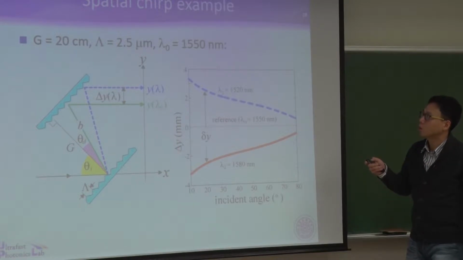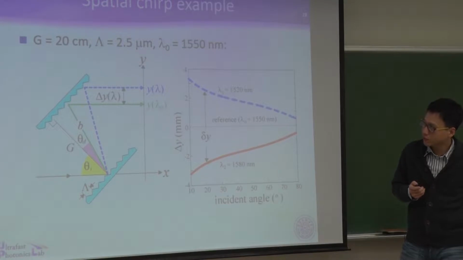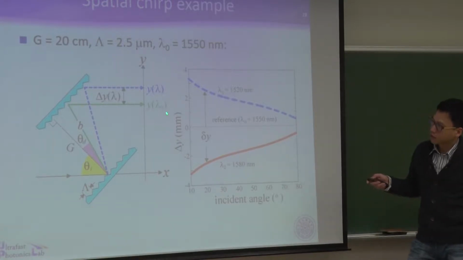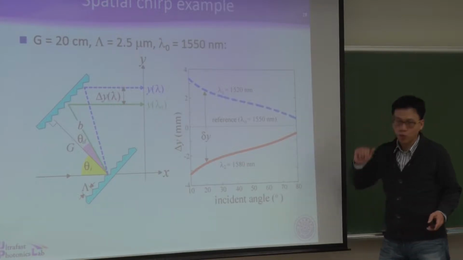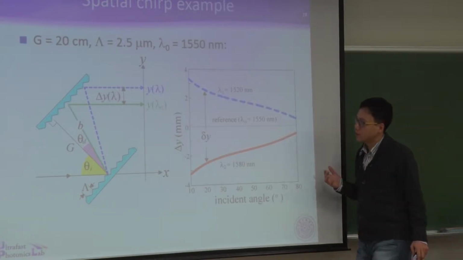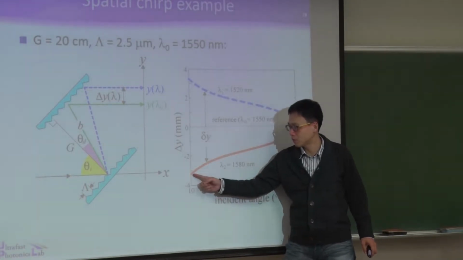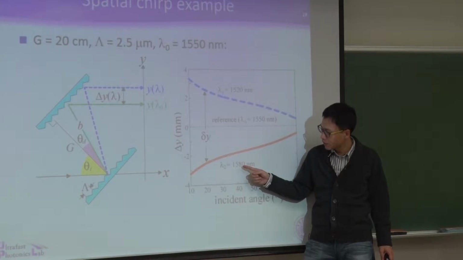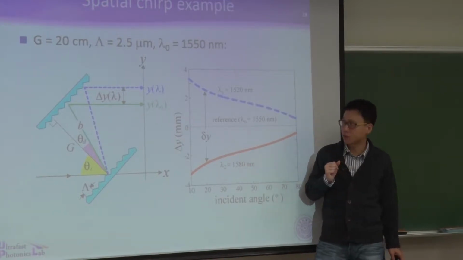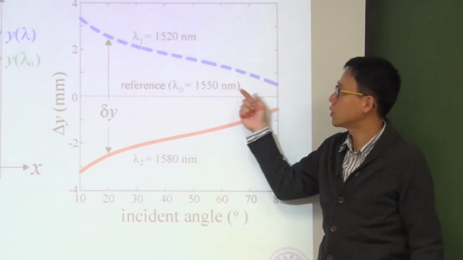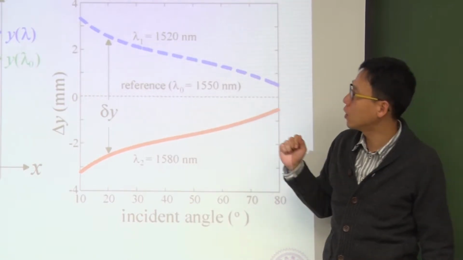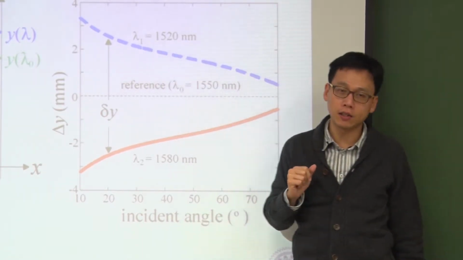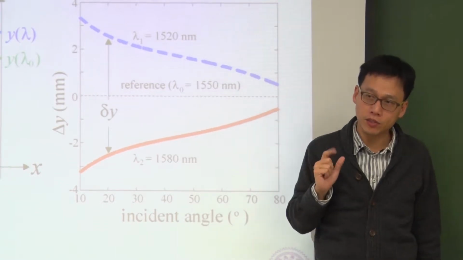The reference working wavelength is 1550 nanometers, and this is the geometry of the grating pair. The right figure shows the spatial position of the reddest component, which is 1580 nanometers. And the blue curve shows the vertical position of the bluest color, which is 1520 nanometers.